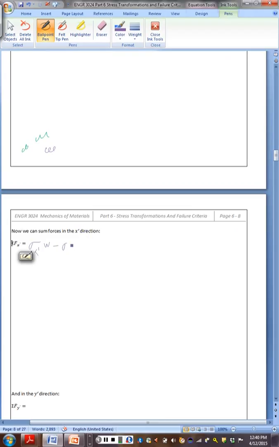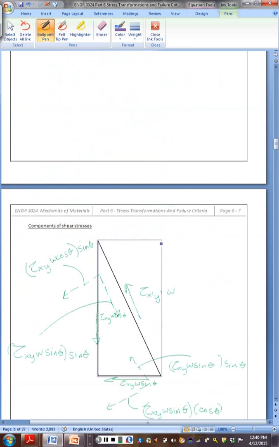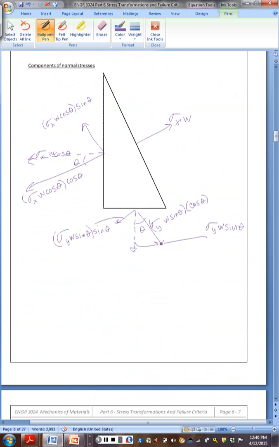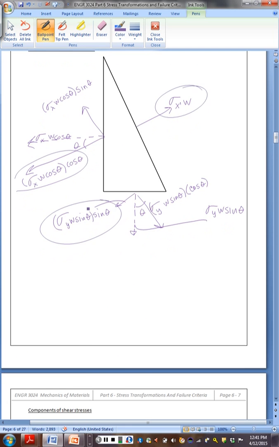We have sigma x W cosine squared theta and a minus sigma y W sine squared theta. That's looking back at this drawing and looking at what we've got in the x prime direction. We have a cosine squared term, and we have a sine squared term. Both of those are in the minus direction.